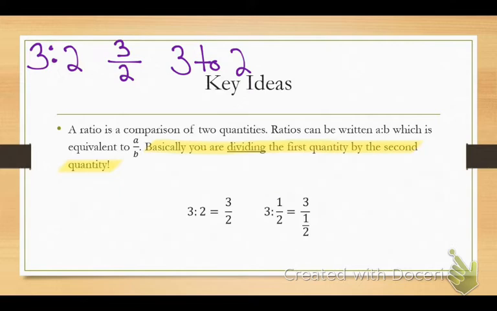So what does that mean? That means I can put that into a fraction: the whole number 3 over 1/2. I know it's kind of weird to put a fraction into a fraction, but that's essentially what we're doing. So whether it's whole numbers or fractions, I'm dividing the first number by the second number.